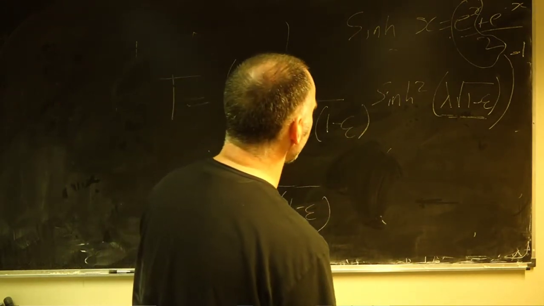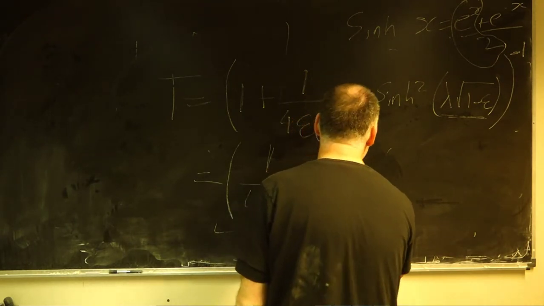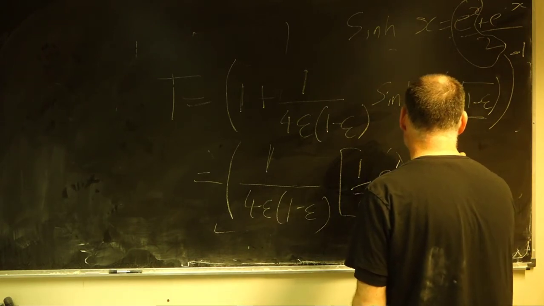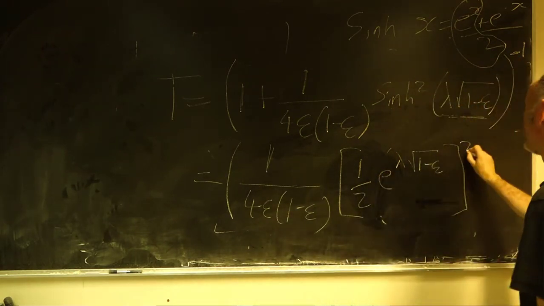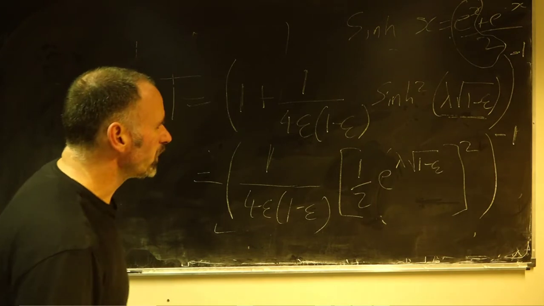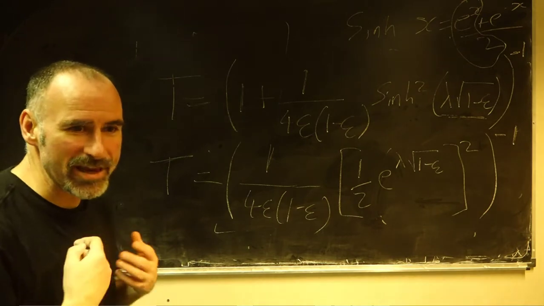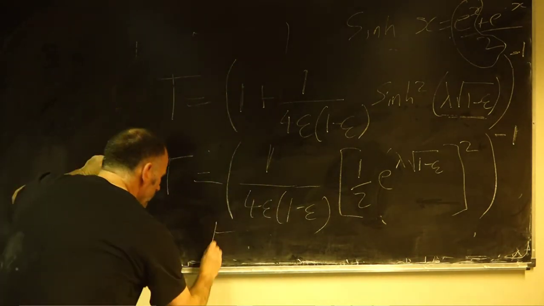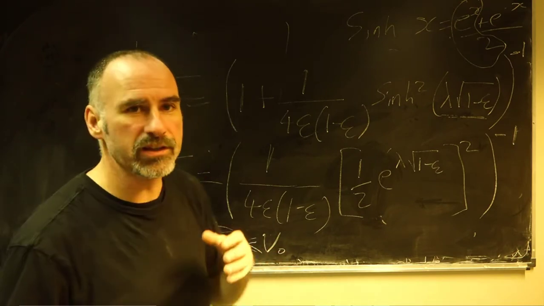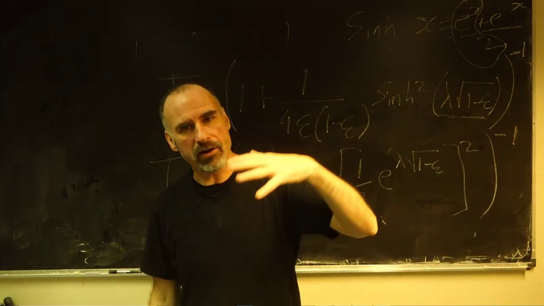So we can take our sinh squared function, and that would be a half e to what our argument is here, and then remember that's squared, and then this entire thing goes to minus 1. So we've reduced the transmission coefficient further in the limit. Remember, this is in the limit where E is much less than V0, so our tunneling particles have an energy much lower than the barrier height.